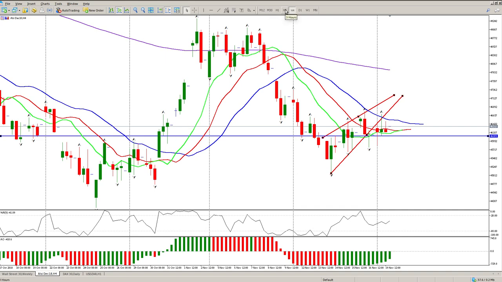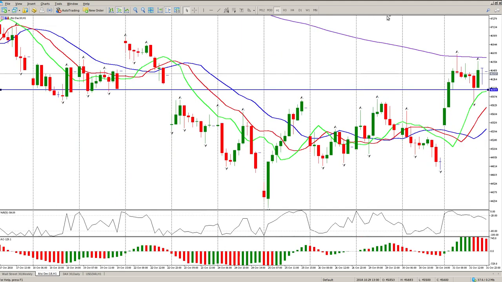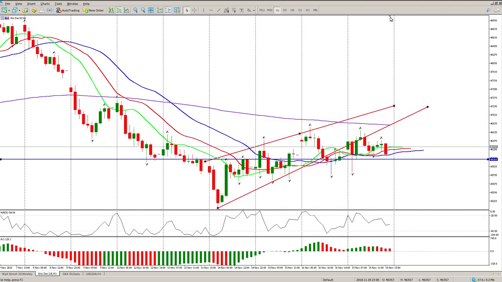With this strategy, you want to use a lower time frame. Here is the real situation looking at the hour: we are going above and below the alligator. There's no real clear direction, and this is pretty much a channel.